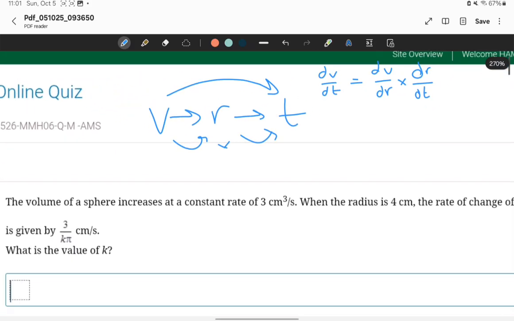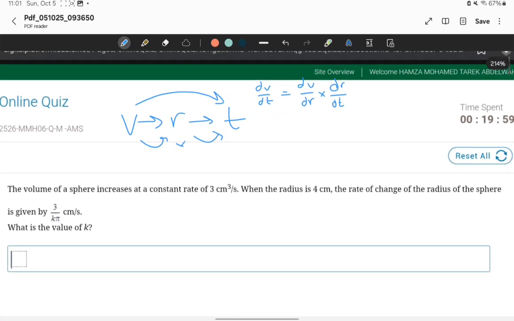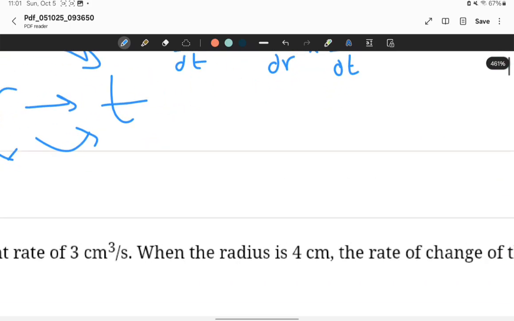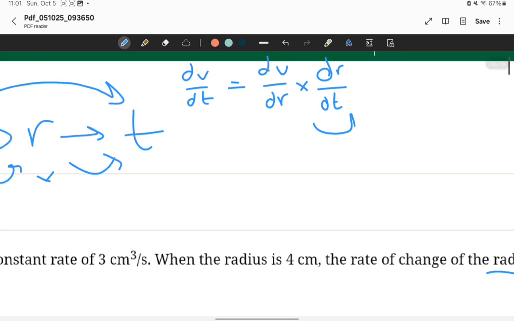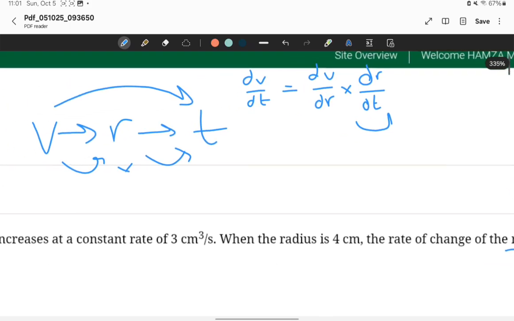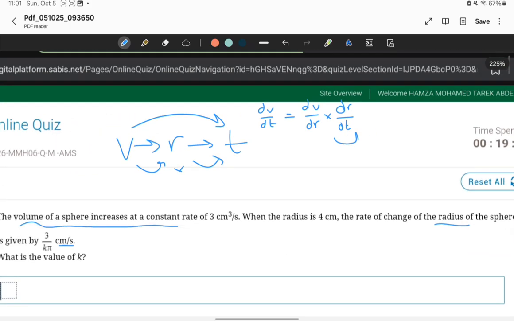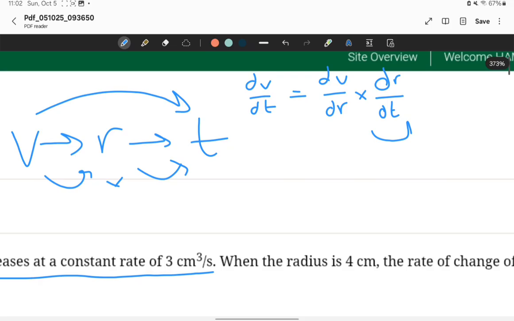They're trying to find the rate of change of the radius, which is given by 3 over k pi. Look at the units: this is what we need to find, and they already gave us the volume increasing at 3 centimeters cubed per second.